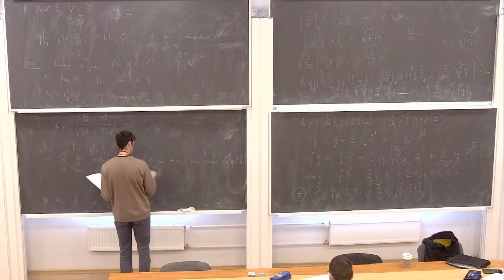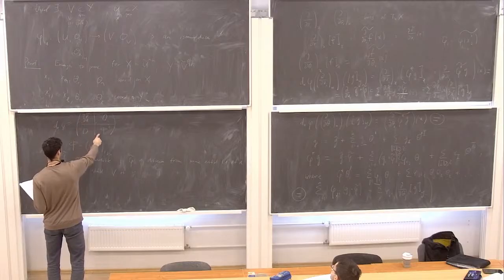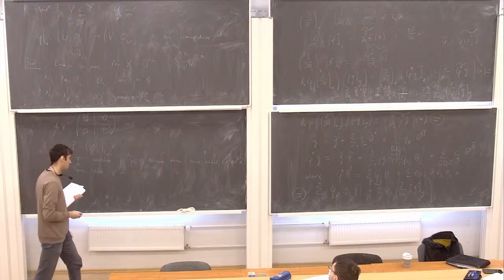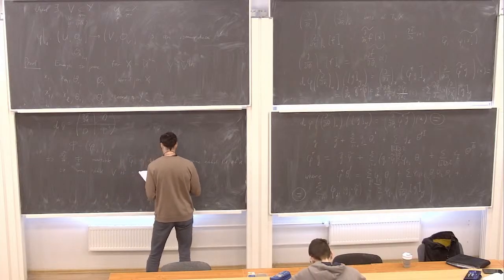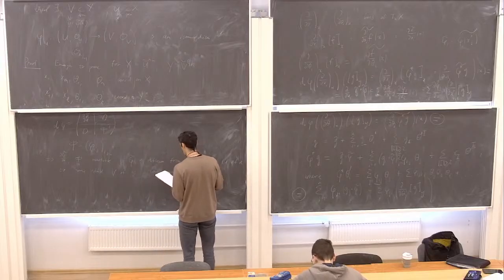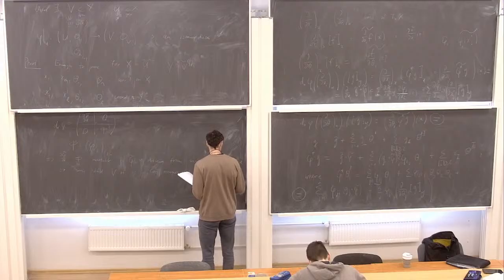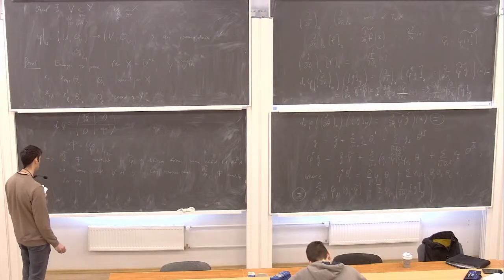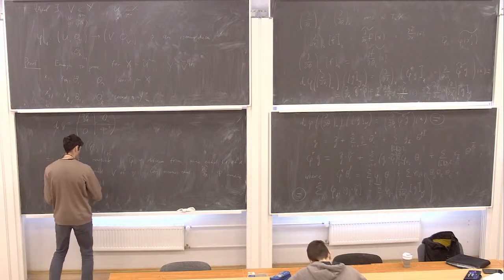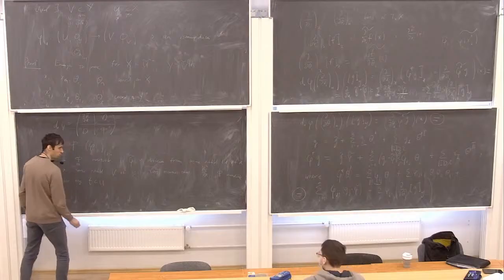So we can assume that U and V are small enough such that d phi tilde over dx and phi are invertible for all x inside U. So we can assume that d phi tilde over dx and phi are invertible for any x inside U. Let's call it like that.